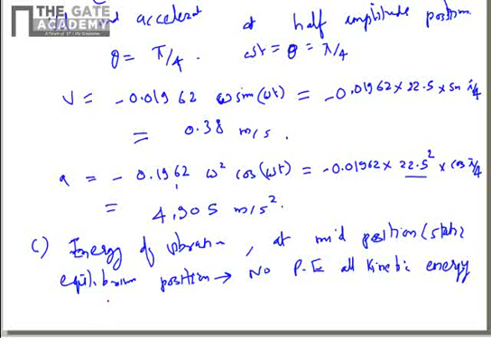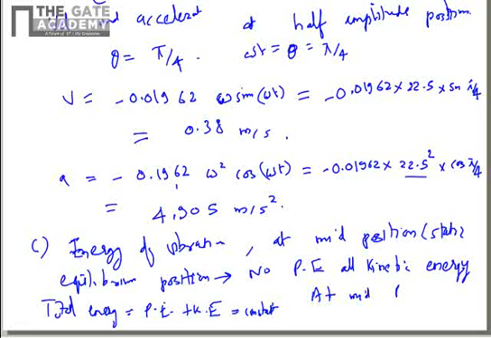So if you determine the kinetic energy at the mid position, and we know that total energy equal to PE plus KE is equal to constant, and at mid position PE is equal to 0. So at mid position total energy is equal to kinetic energy.